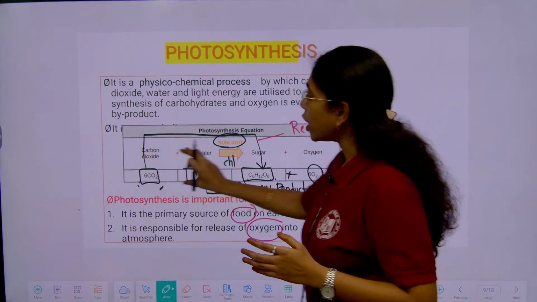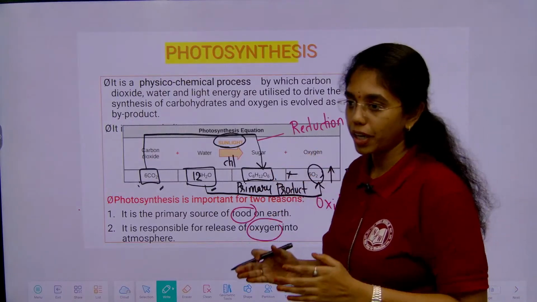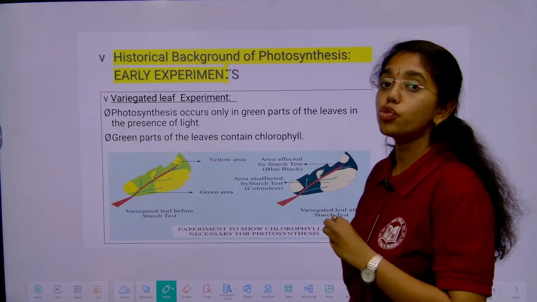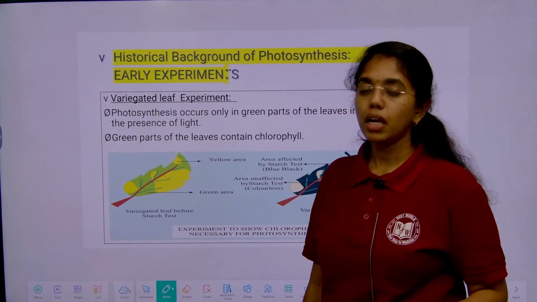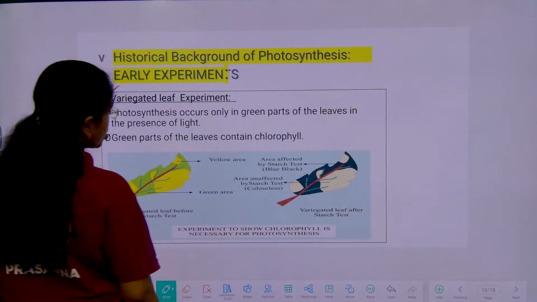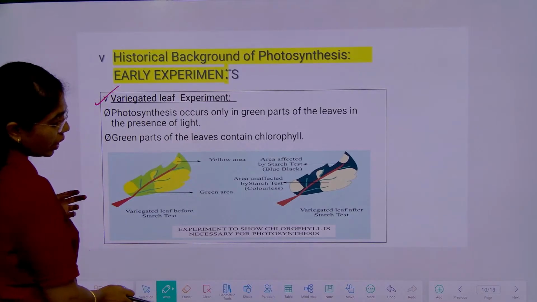The standard equation of photosynthesis is proposed after a series of experiments. Okay, so the first experiment, if you see, that is the variegated leaf experiment. In simple terms, you will address it as what? Starch test. So for this test, what do we need?